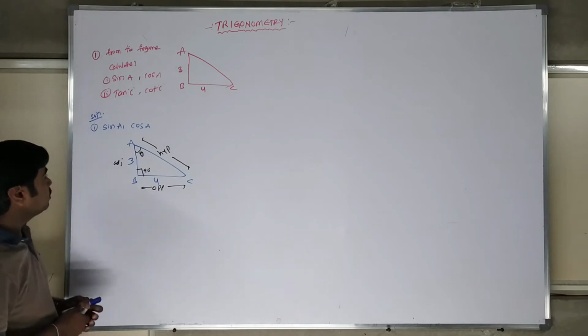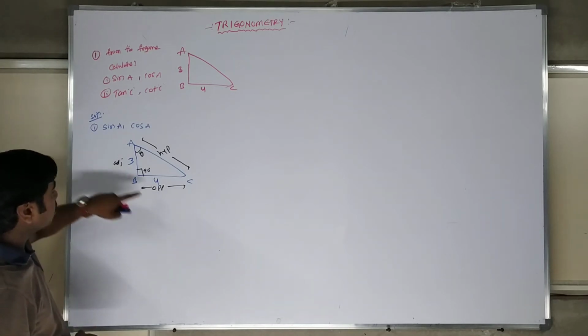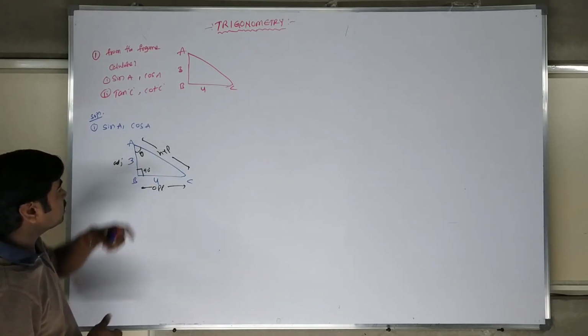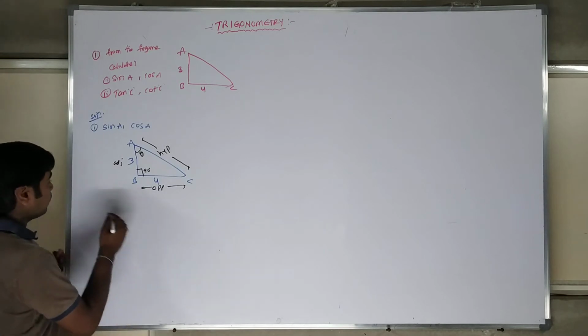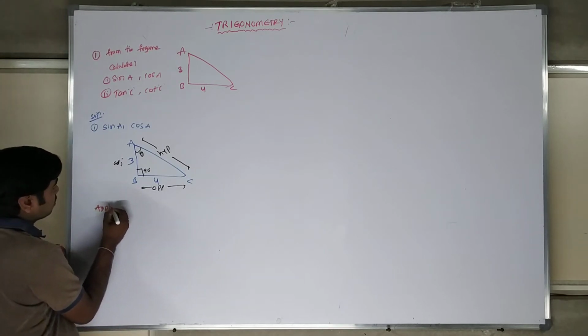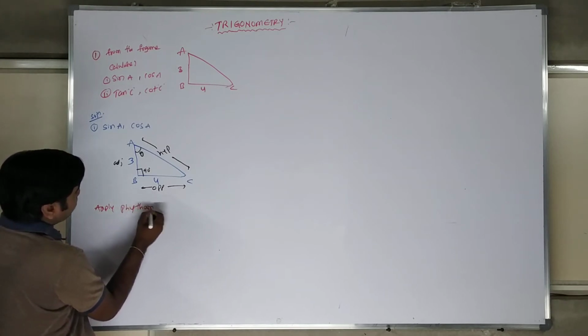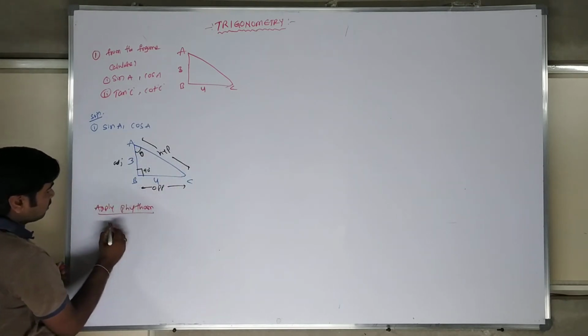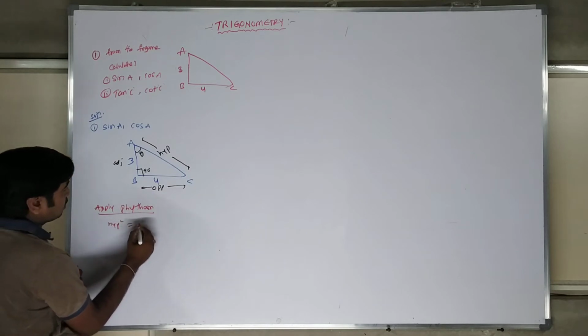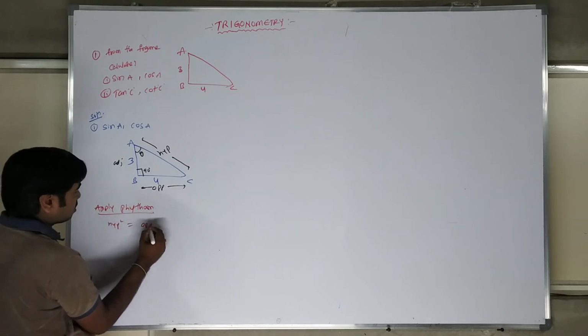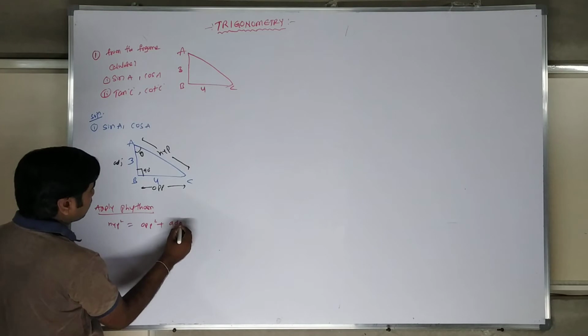So what do you want to do here? Sin A means opposite by hypotenuse, but the hypotenuse value you don't know. Apply the Pythagoras theorem. What is the Pythagoras theorem? Hypotenuse square is equal to opposite square plus adjacent square.